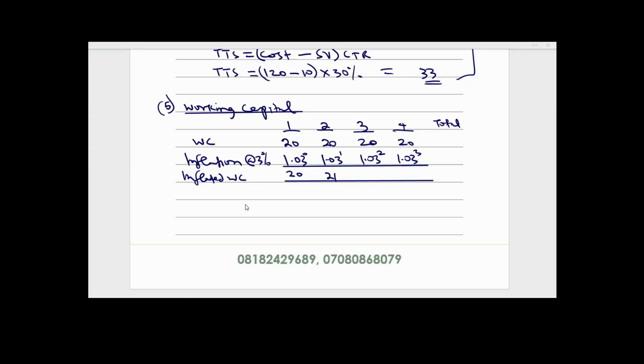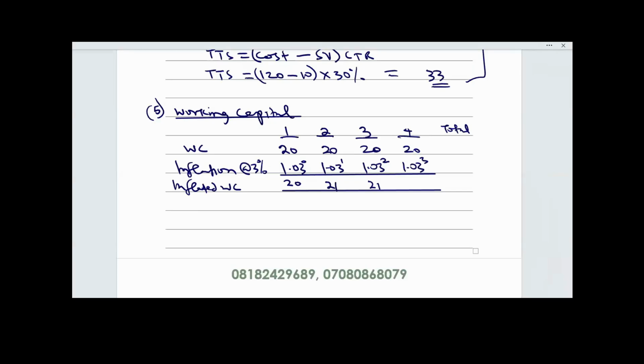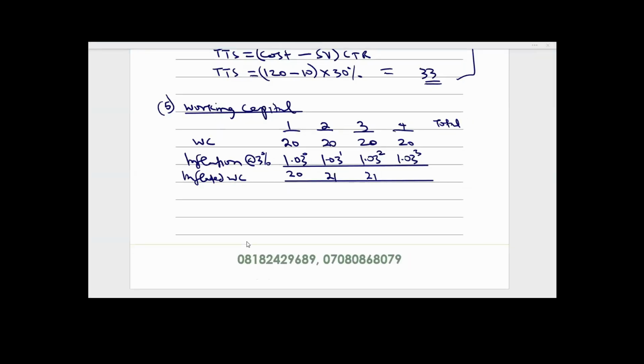I will say the same 21, even though there is an increase, because it's a rounding. So the next one, 1.03 raised to power 3 multiplied by 20 equals 21.85, rounding to 22.